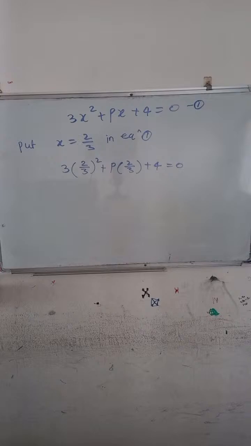I already substituted the value. Now find out the value for p. Do the calculation and type the answer. I want the answers from each one of you. Only 1 minute I will give. Come on, do fast. Those who are not able to take LCM, HCF, they can practice.